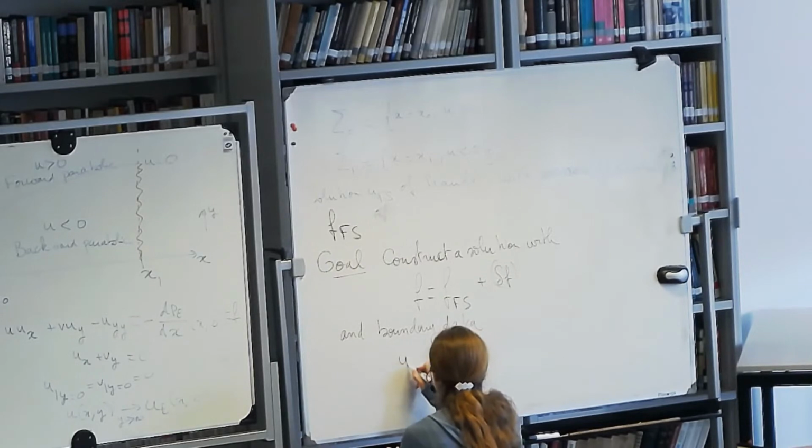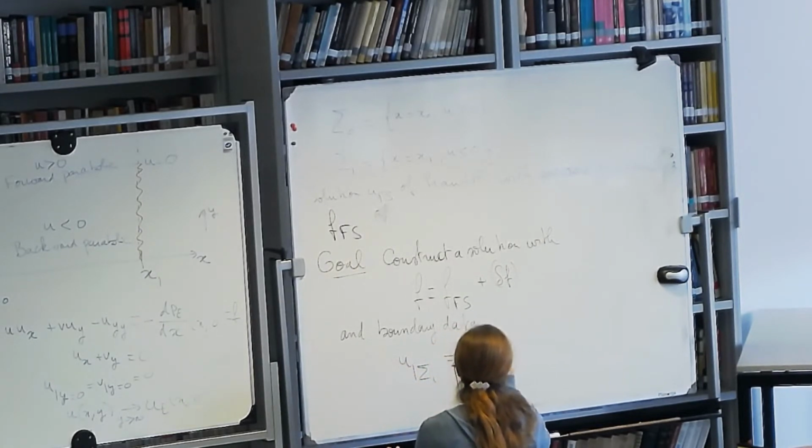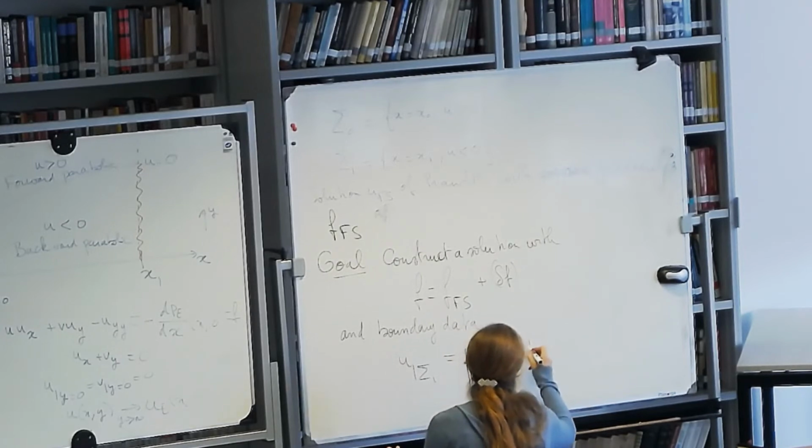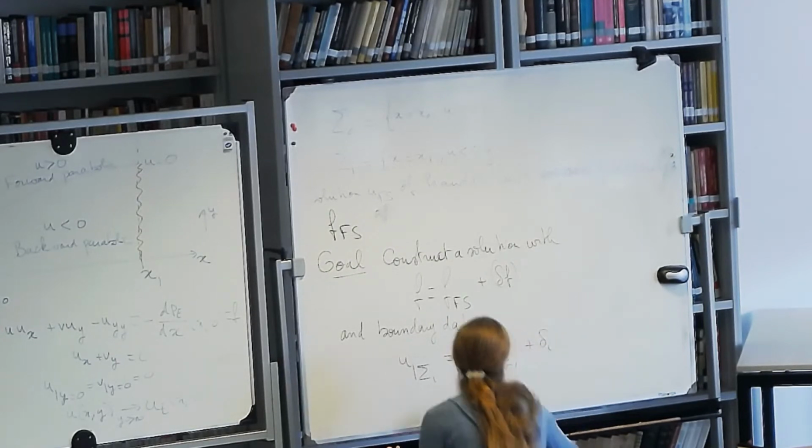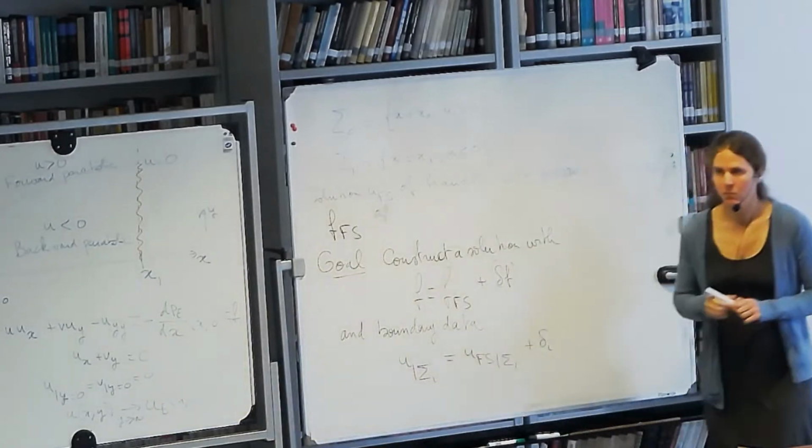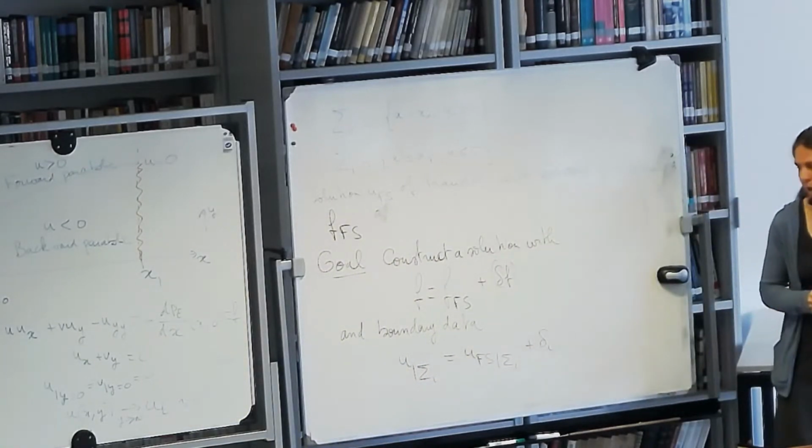So it will be u on sigma i. This will be the value of UFS on sigma i, plus, again, a small perturbation that I will call delta i. Okay, that's the idea.